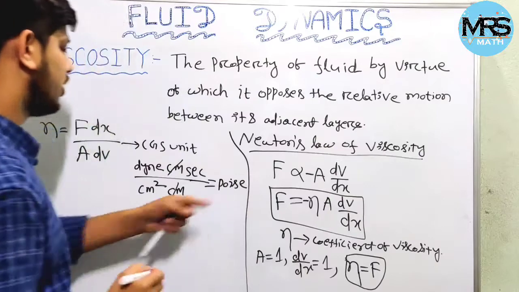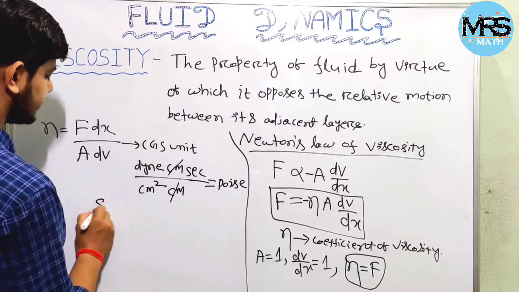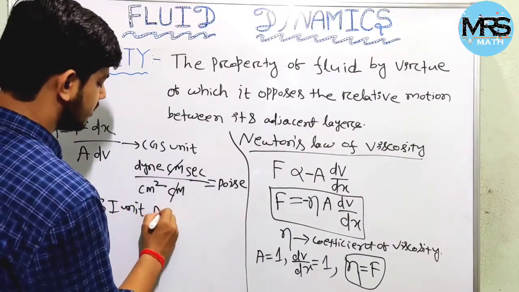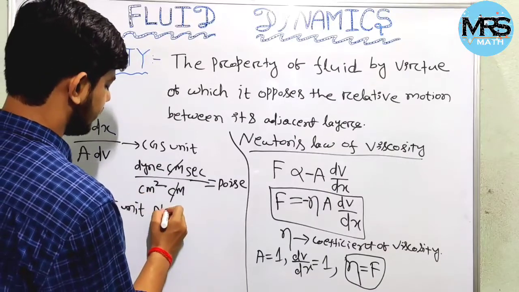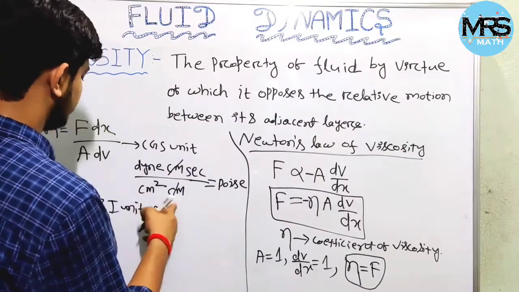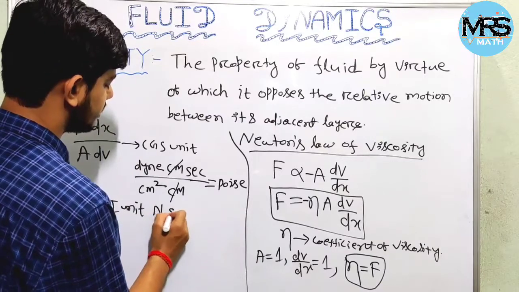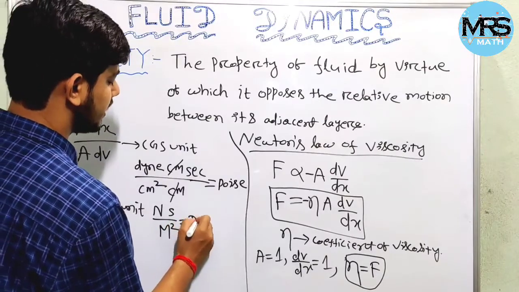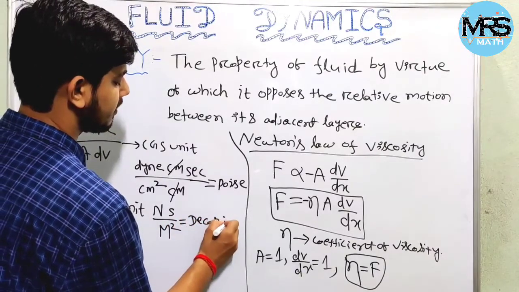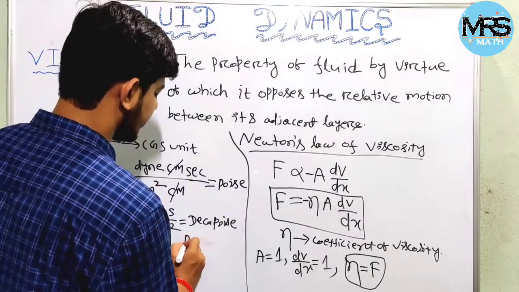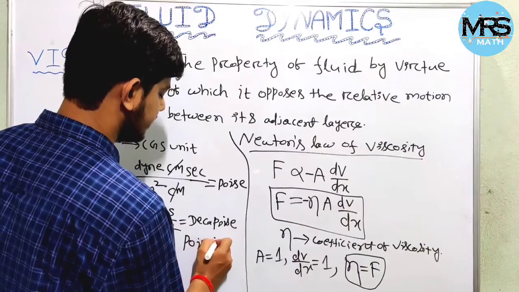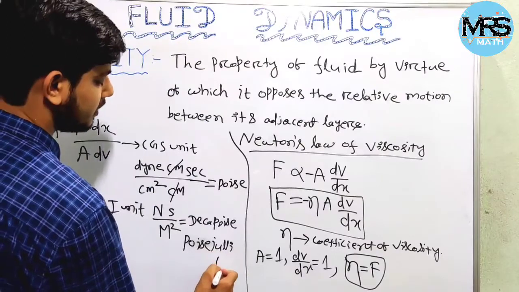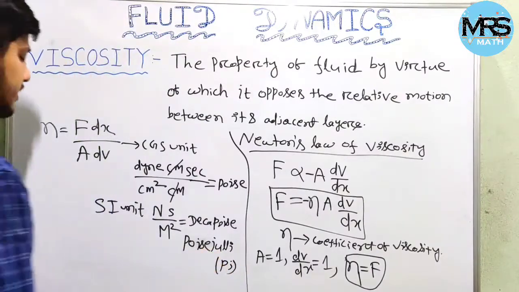If we consider the SI unit, then F will be Newton, and dx will be meter, and again meter will cancel, so we can write Newton second per meter square. This is called decapoise, or sometimes it is called poiseuille, P-O-I-S-E-U-I-L-L-E.